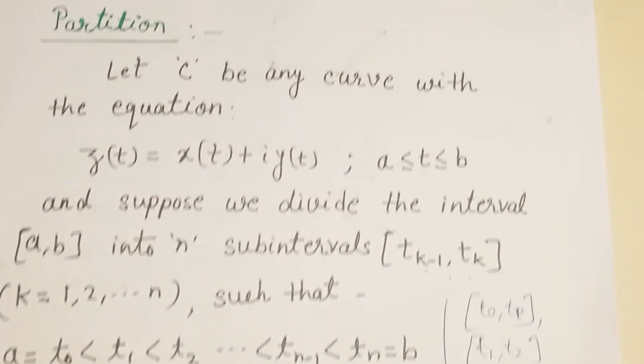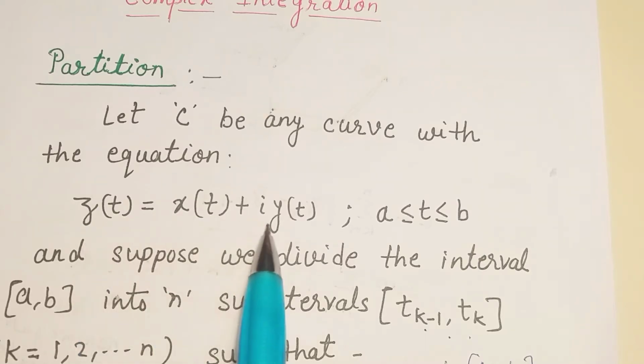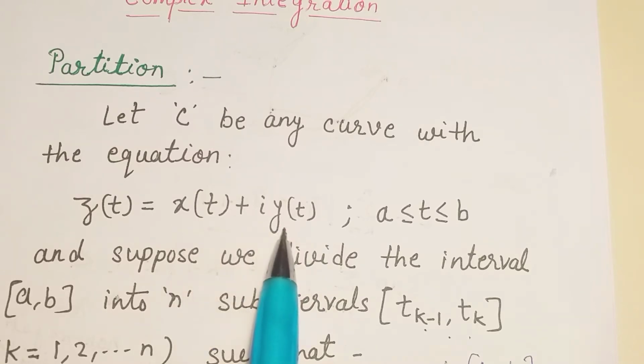Okay, means we have a function z(t) = x(t) + i y(t), means x and y, they both are functions of t over the closed interval [a, b], right?